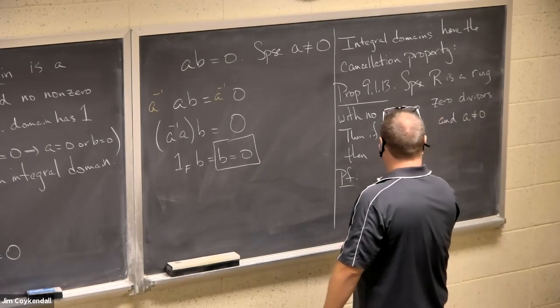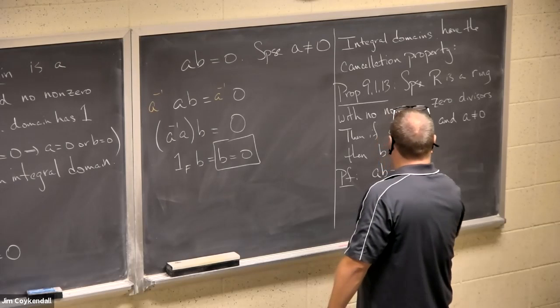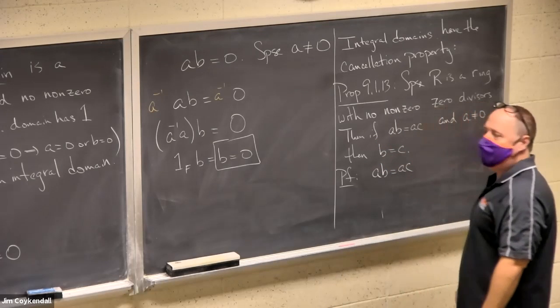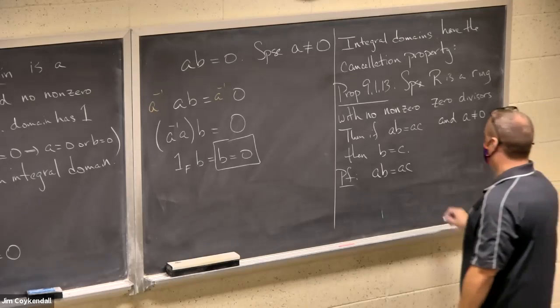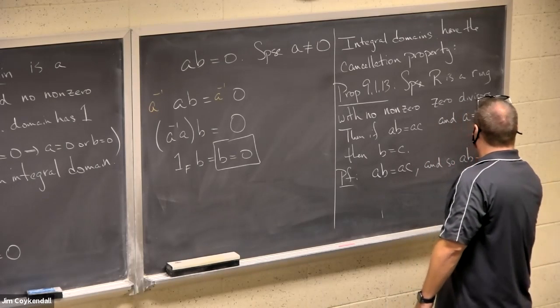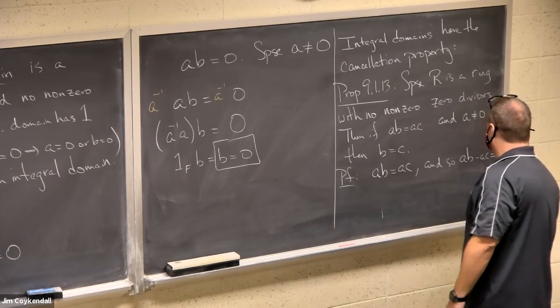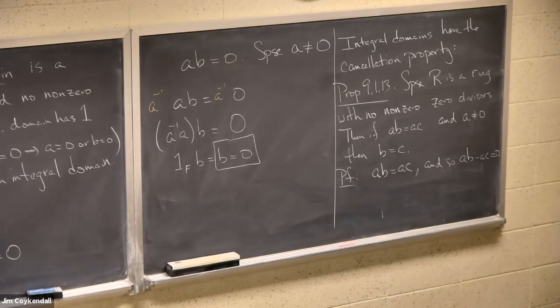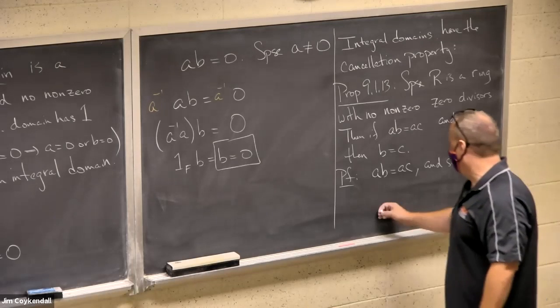So suppose AB equals AC, and so AB minus AC is 0. Now, by the distributive property, I can pull that A out.